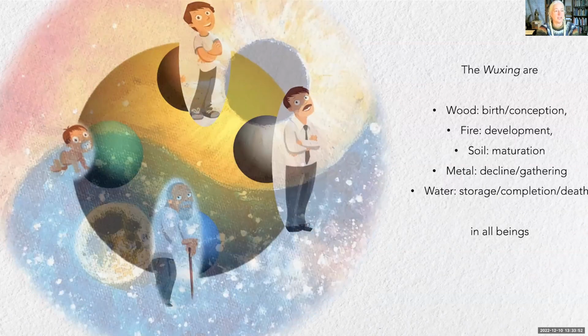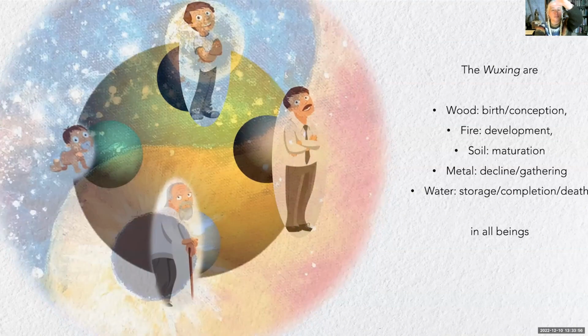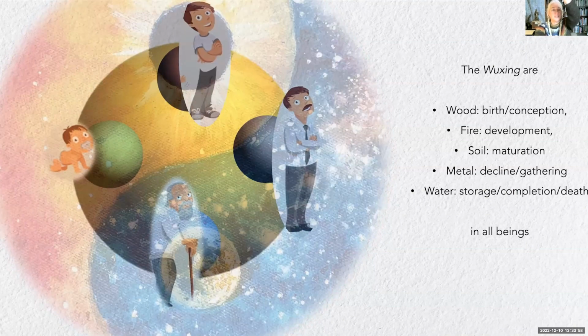And that is a yin-yang cycle. So on the left, we have growth, development, maturation, decline, death. And then new beings are always born. So this is an expression of yin-yang.